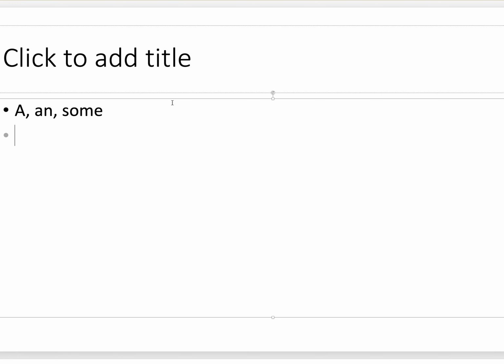In French, these are un, une, et des. So in English, objects have no gender. But in French, in Spanish, in Italian, in most languages around the world, objects have a gender.